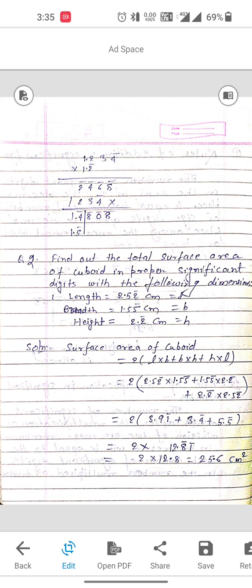As we are multiplying, we get 3.91, 3.4, 5.5, and multiplying it by 2 gives 5.6 centimeter squared. The number of significant digits will be 3. So while multiplying, we have to take care of the number of significant digits.